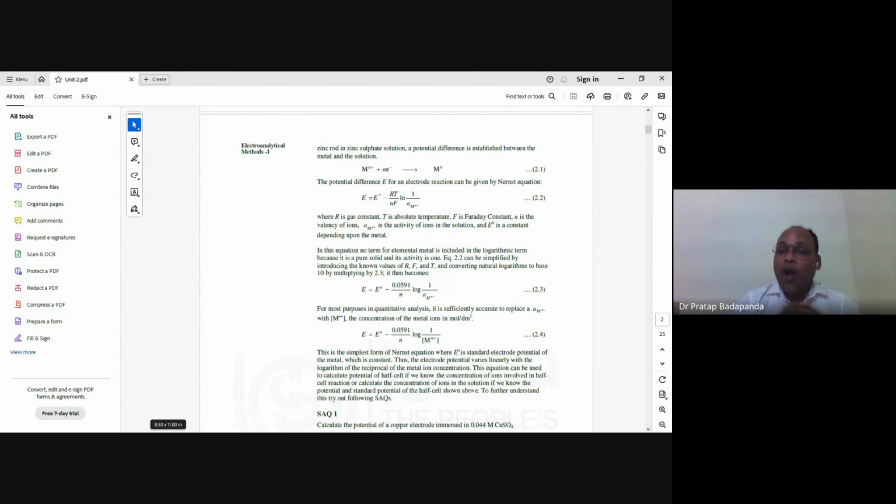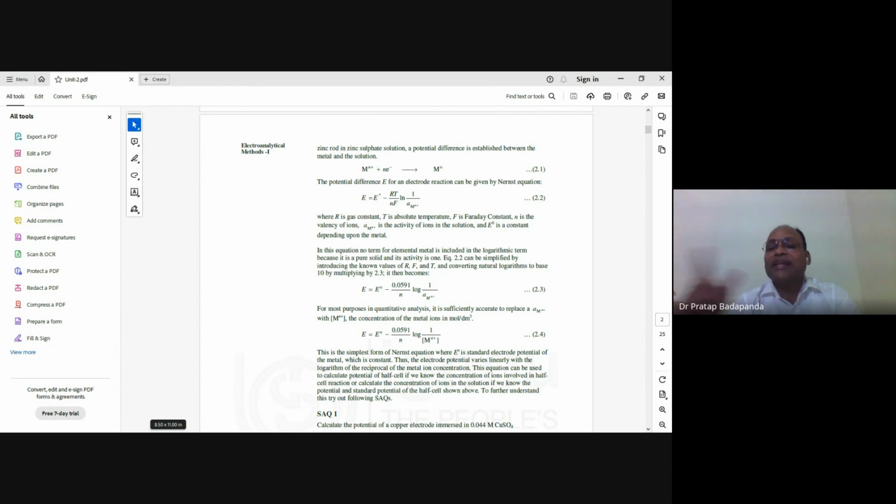Why is it in the denominator? Because it accepts electrons, and accepting electrons is reduction. Loss of electron is oxidation, gain of electron is reduction. So reduction will always be in the denominator part, or reciprocal. In the reaction, given as Mn plus plus N electrons going to M, it accepts N electrons, and the oxidation number changes from N plus to 0.